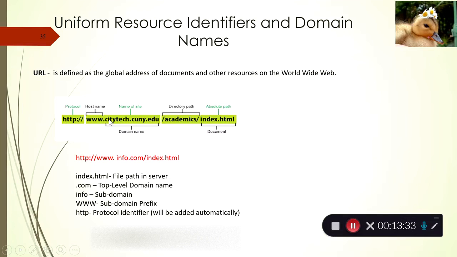And this one is a particular name, the website name. And then this one is the top level domain name. Like this particular domain name, millions of domain names are connected to this top level domain name, that is edu. All the educational units are connected to the edu top level domain name.